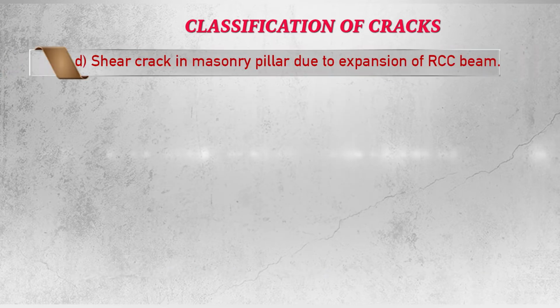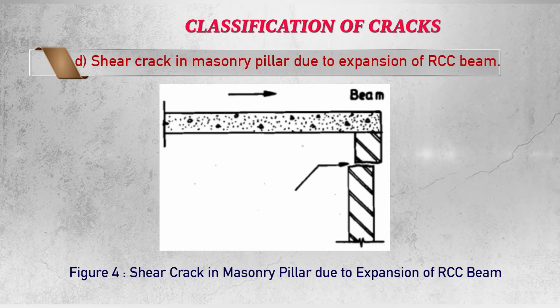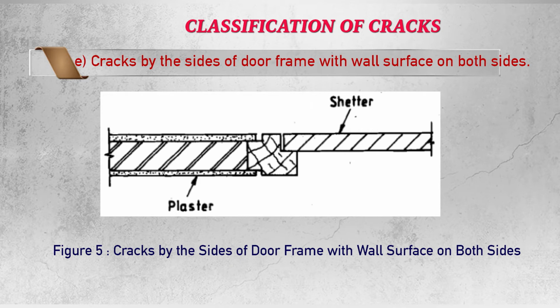Then in figure 4 you see the shear crack in masonry pillar due to expansion of RCC beam. Here, due to the expansion of the RCC beam, cracks are there in the masonry pillar. Next, in figure 5, you see cracks by the side of door frame with wall surface on both sides.